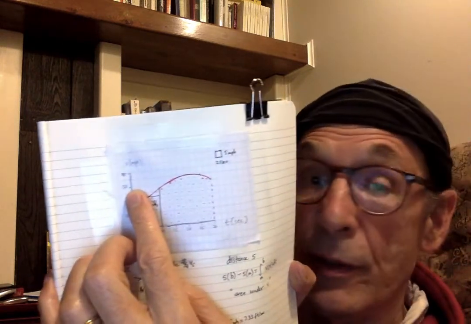This is definitely just an eyeball estimate. And so I'm going to say 25 miles an hour for half a minute. This is just a check to see if it's reasonable. Well, 25 miles per hour is 25 times 1.47.